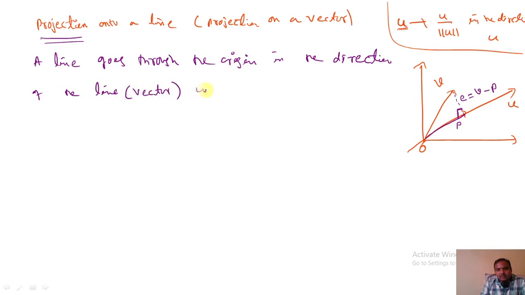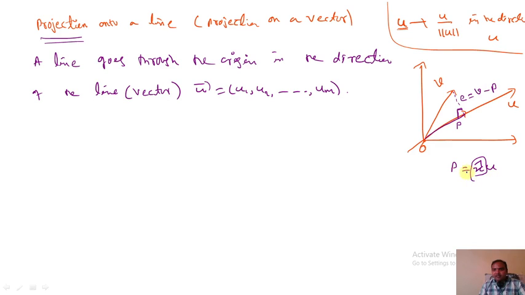For u, I'm taking u1, u2, and so on up to um. So now we need to find p. This is a projection, in the same direction, the u direction. We get some scalar multiple, and I'm taking this scalar as x hat. Now our need is finding this x hat, using the orthogonality concept.